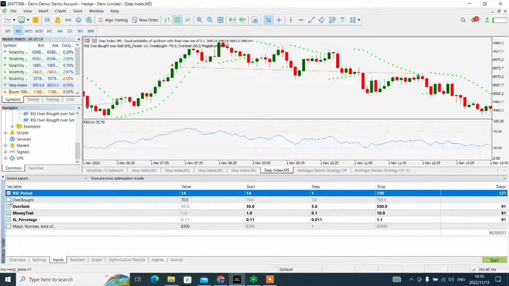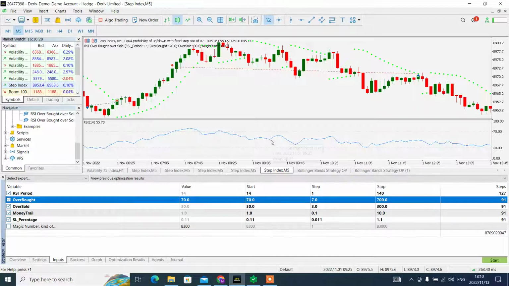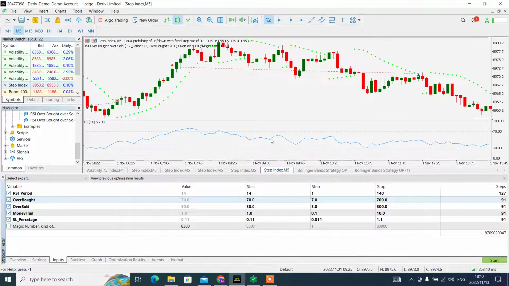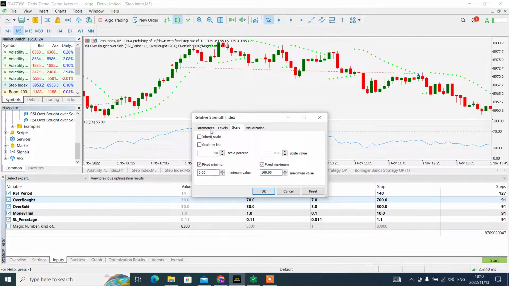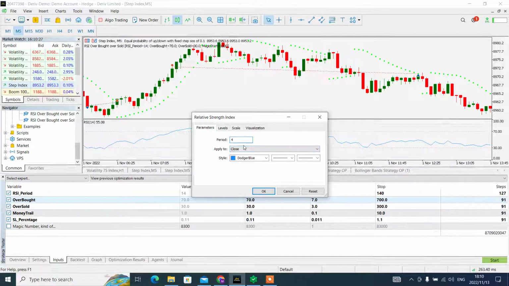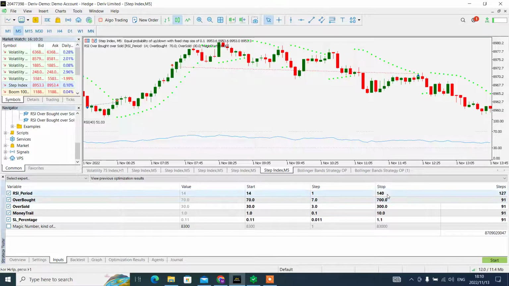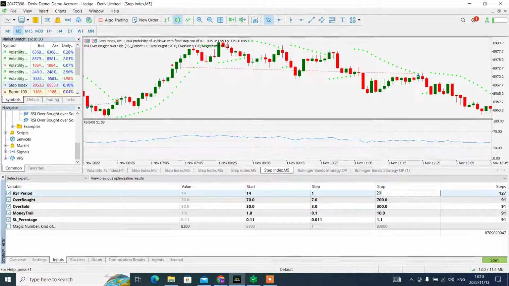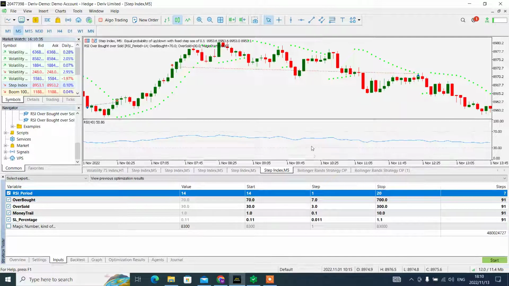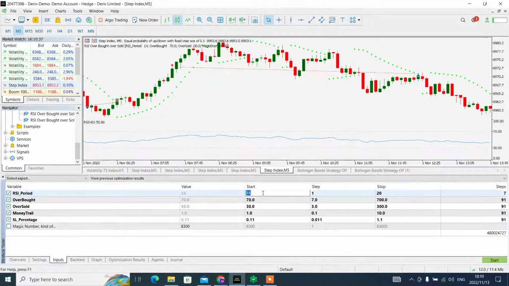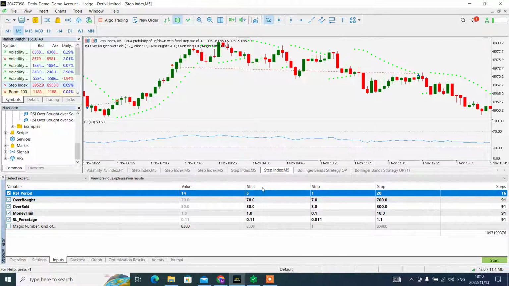Then we select the things we are optimizing, because think about this: if we take this and increase the period to 40, if you check, it just becomes a straight line. That simply means we cannot take it to 100 and something. We can take it to close to 20, and we can reduce it to start at 5, which means we're checking every 5 candles.